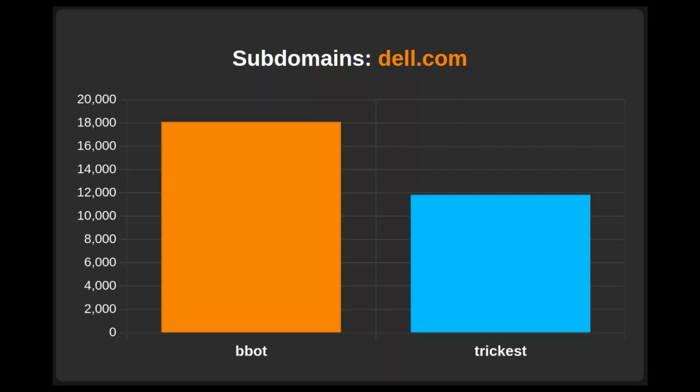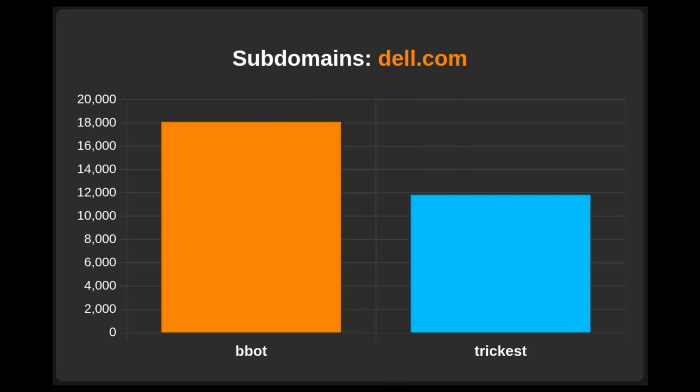So here we have a basic comparison of BBOT against Trickest, which I don't know if any of you have heard of, but basically it's a workflow that combines a whole bunch of different tools. This Trickest workflow combined like 6 different subdomain enumeration tools, including Amass, and just sort-uniqued all of the subdomains.